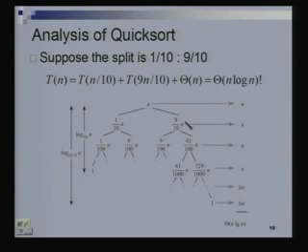And this 9n by 10 also gets divided into 9n by 100 on one side and 9/10 of this, which is 81 by 100 n, on this side. How much time did it take to partition this into this and this? N by 10 number of elements, and so the total time for this level is still n. So similarly, the total time for every level will continue to be n, but now how many levels do I have?